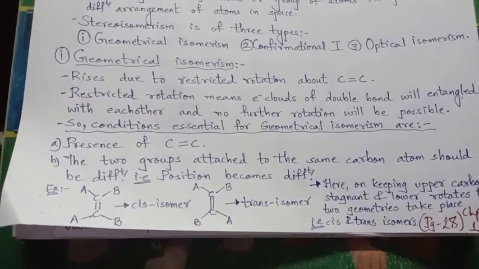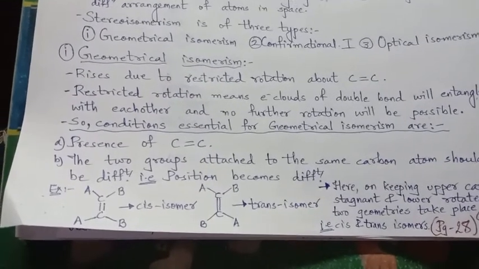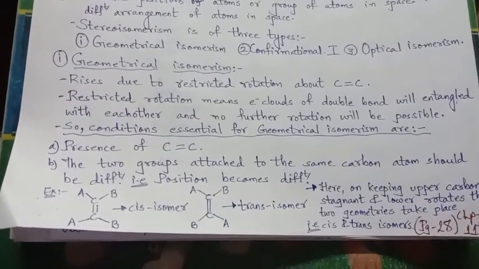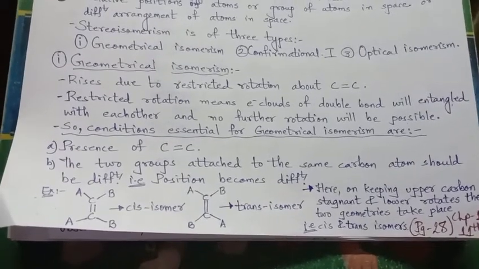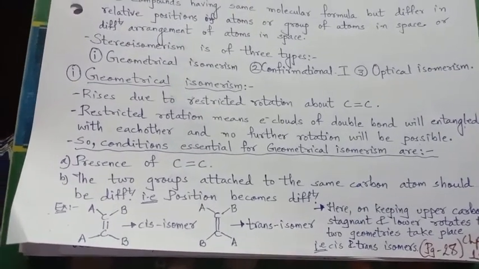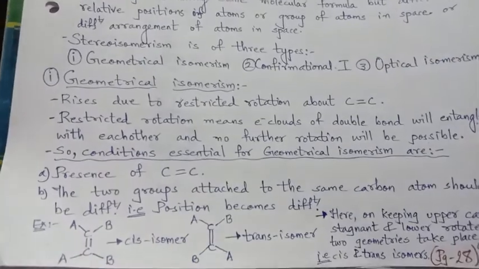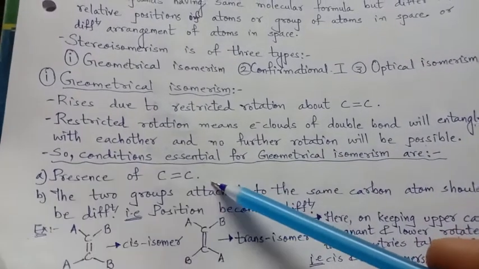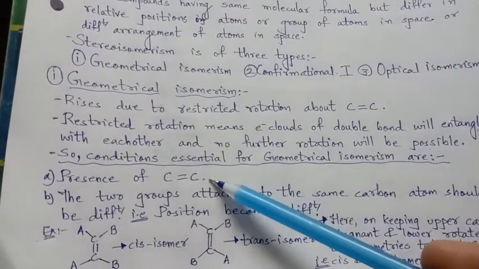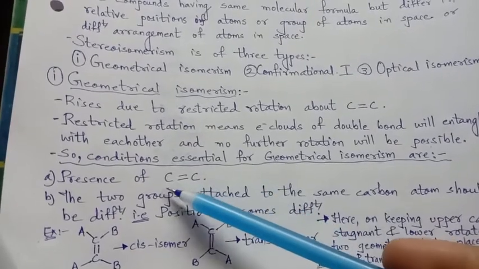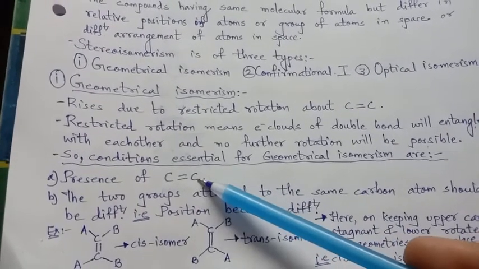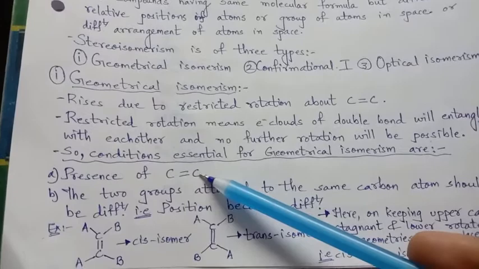So some conditions are there which are essential for geometrical isomerism. What are they? First is the presence of C double bond C. Until and unless there is a carbon double bond carbon, geometrical isomerism is not possible.